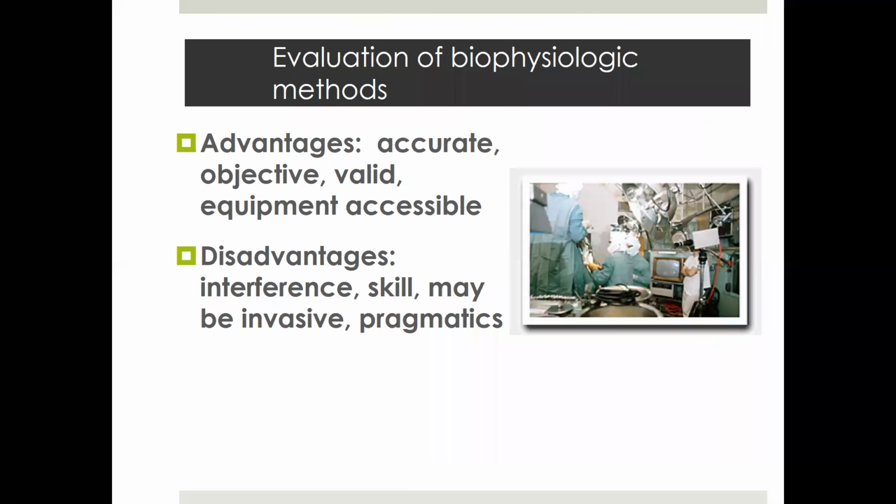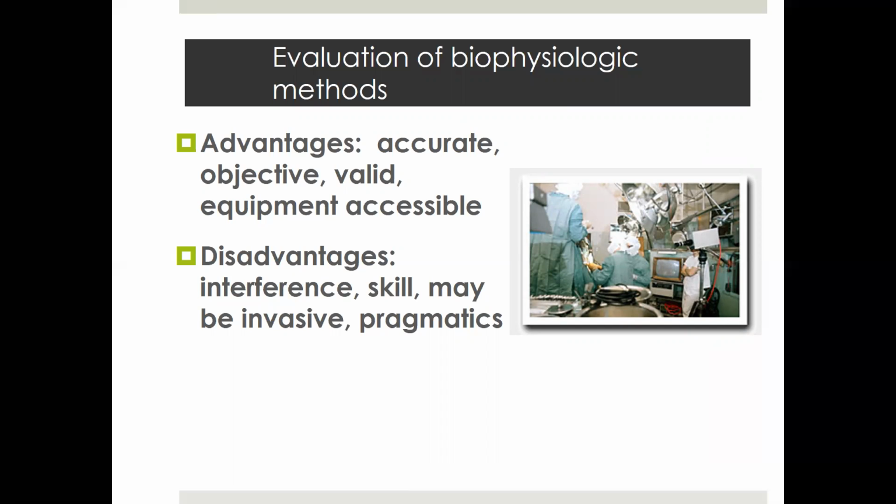Maybe they don't use the right size cuff. Perhaps people haven't been trained to do it. Some of these measures may be invasive and less pragmatic to do. So although the data is generally considered more valid, there are reasons why we might not use some biophysiological methods.